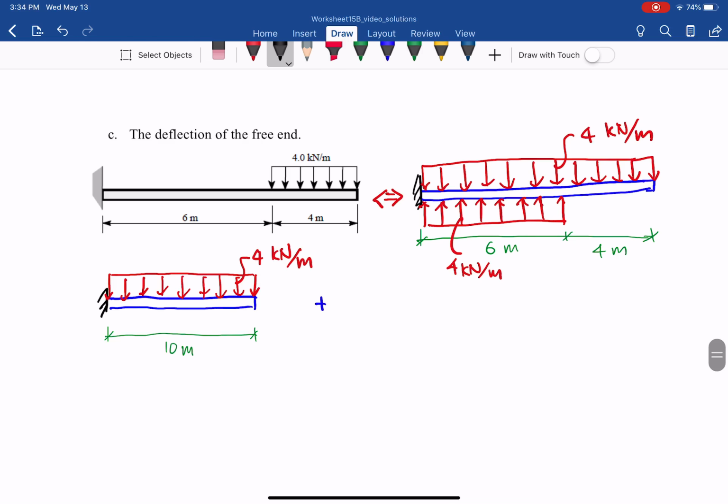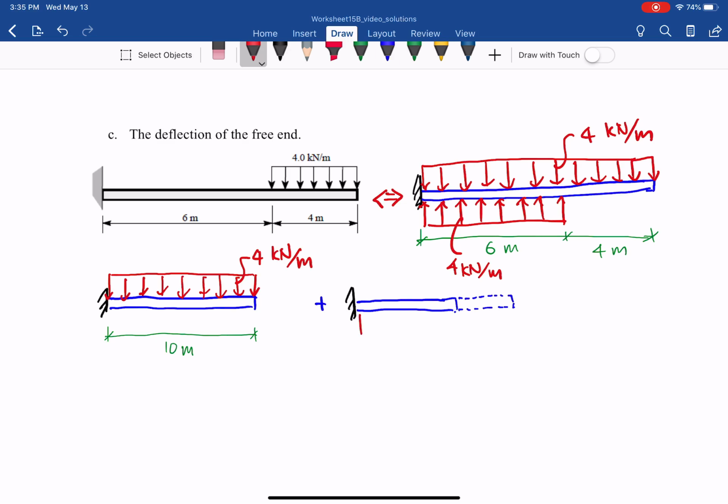So what does that mean here? We can make an equivalent another beam here for 6 meter, and then apply the finger, and then 4 meter with something attached to 4 meter.